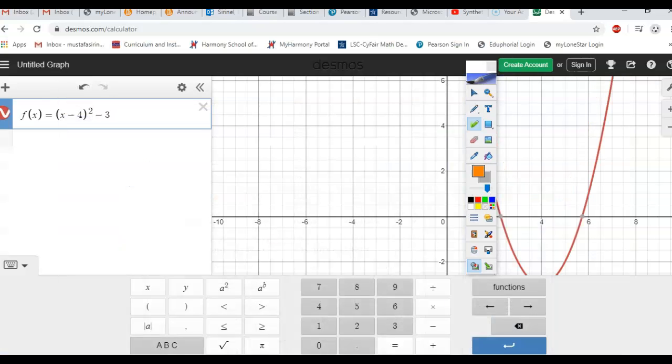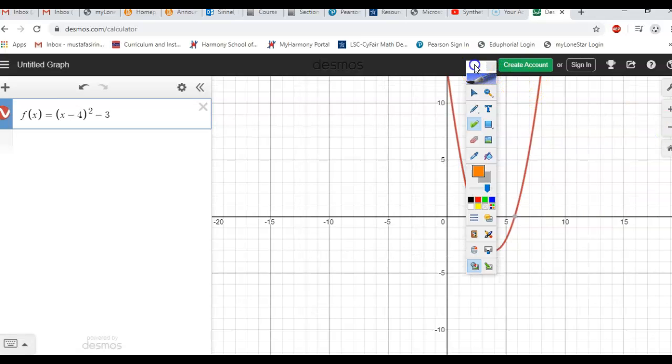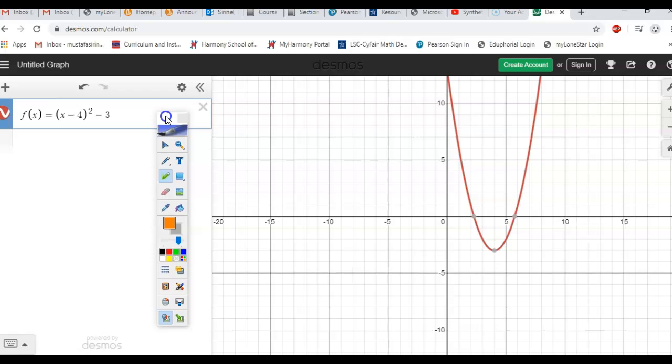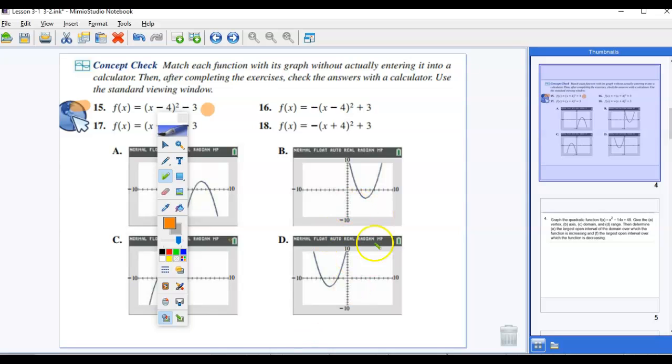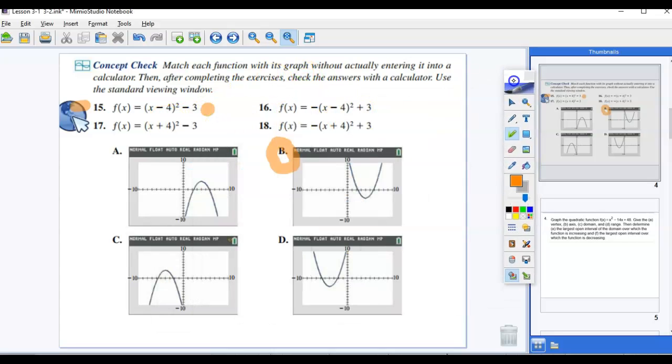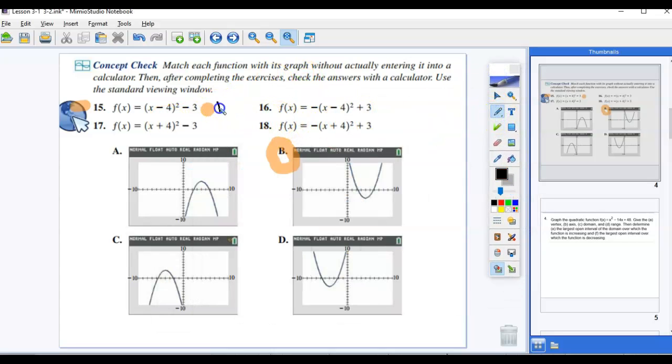So that's what we got, as you see here. Let me just make it smaller. As you've seen, that's my graph. So this is look like, let's see which one. This one should be this one, right? So 15 should be B.